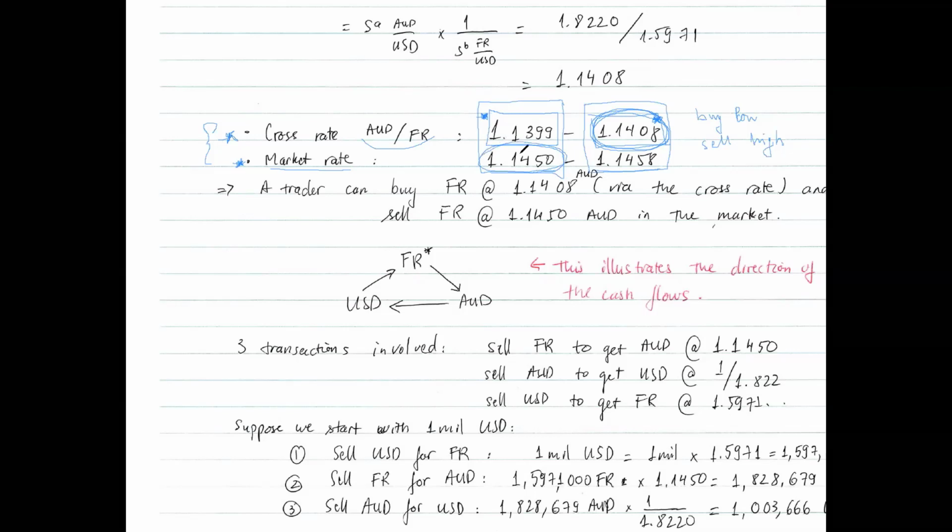So on the right-hand side, I can buy the franc at 1.1408 Australian dollars. And I can sell it at 1.1450, okay? So effectively, I'll be earning a profit of 42 basis points, okay?